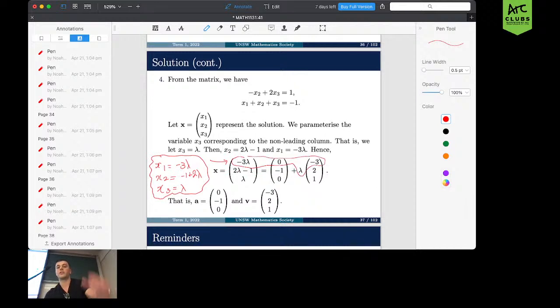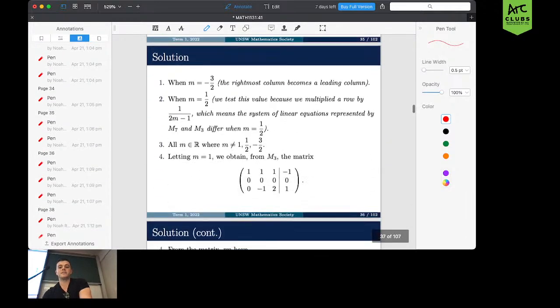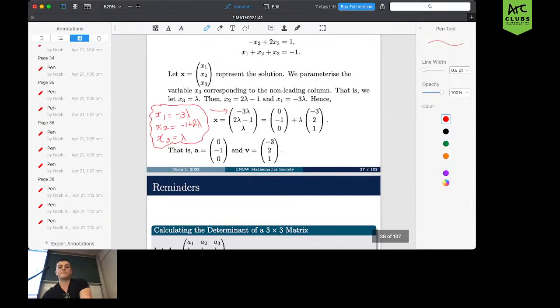You can read off each individual row, and then do the same with each individual row here. And so what we get is something of the form a plus lambda v. So quite clearly, this is the a bit, and this is lambda v. So a is that vector there, and v is just whatever's attached to the lambda.